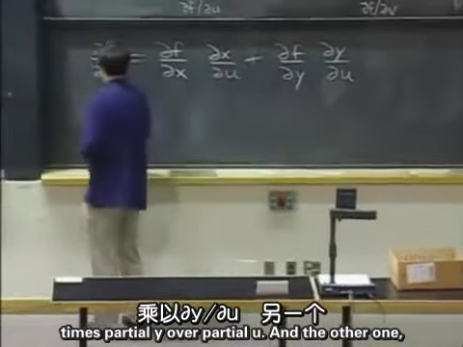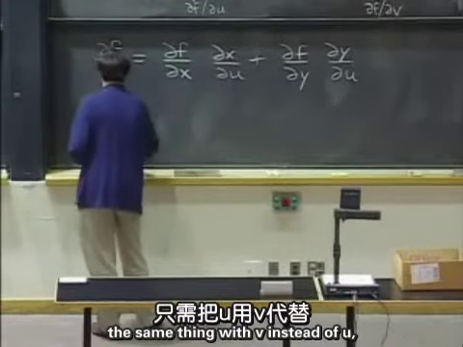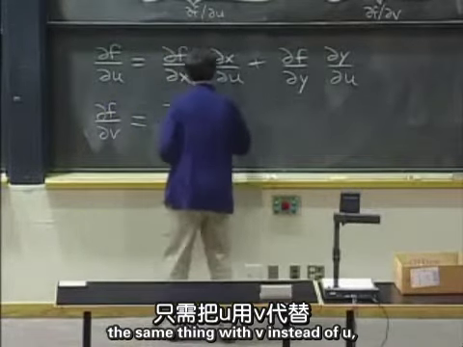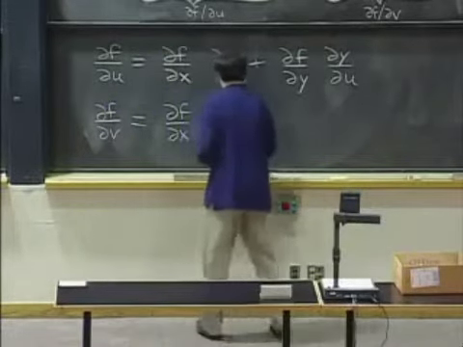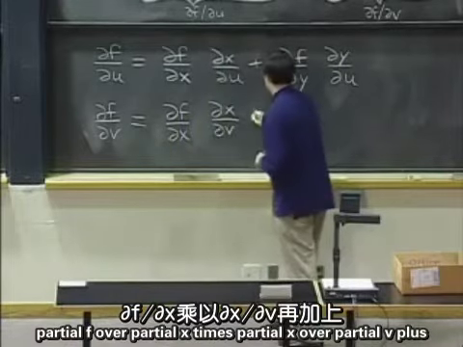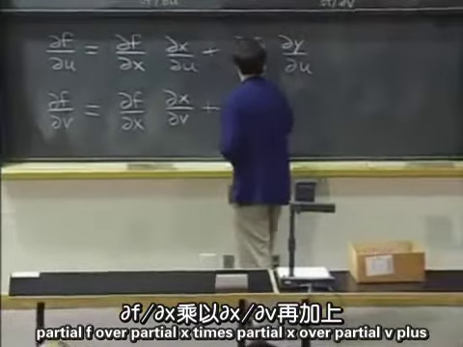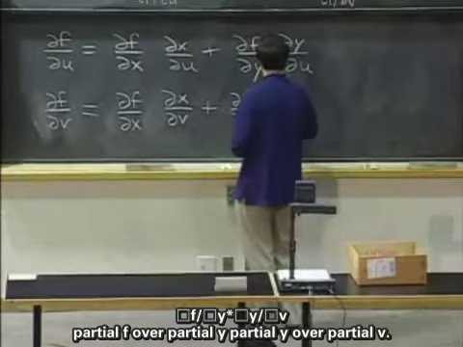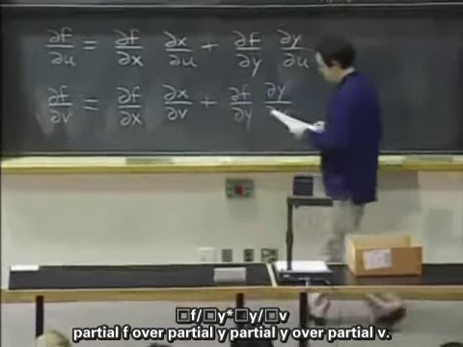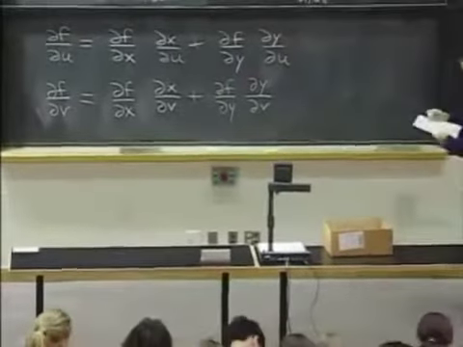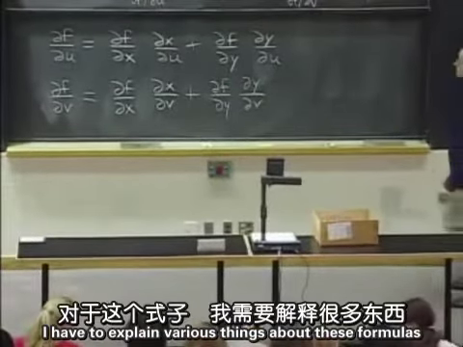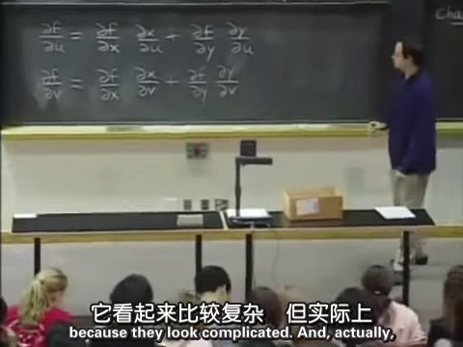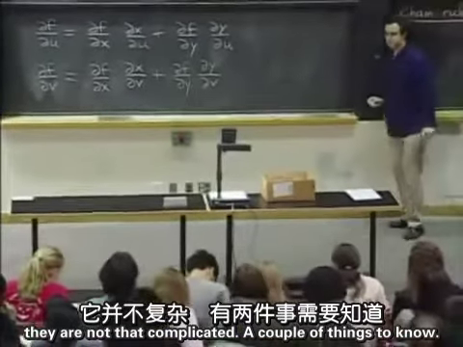And the other one, same thing with v instead of u: partial f partial x times partial x partial v plus partial f partial y times partial y partial v. So I have to explain various things about these formulas because they look complicated, and actually they're not that complicated.